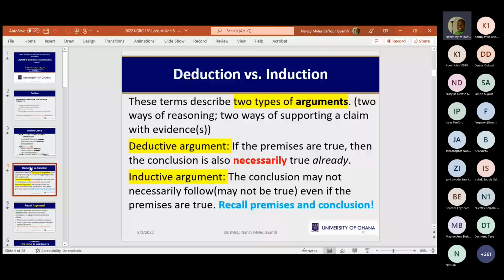So if you call the pregnant woman into your room, that is, if you assume that the premises were true, she will come out automatically with the baby because the conclusion is already a part of that premise. That is the relationship between the premises and the conclusion of a deductive argument.